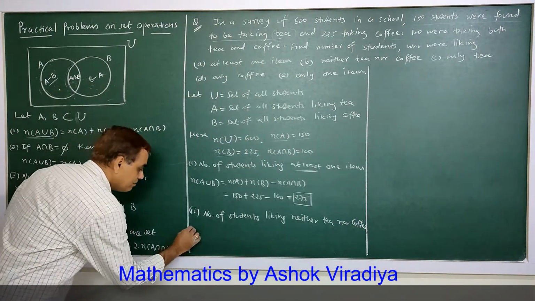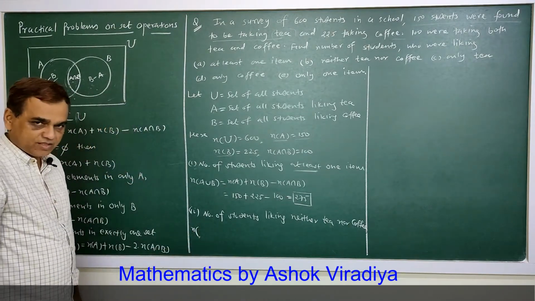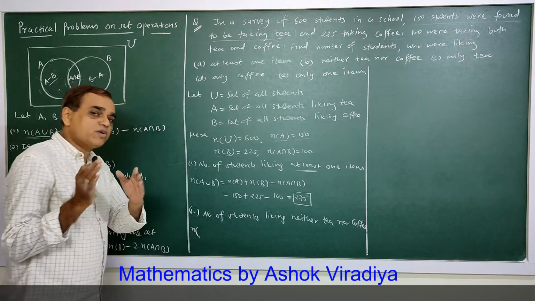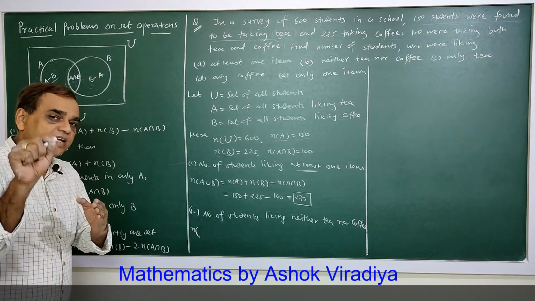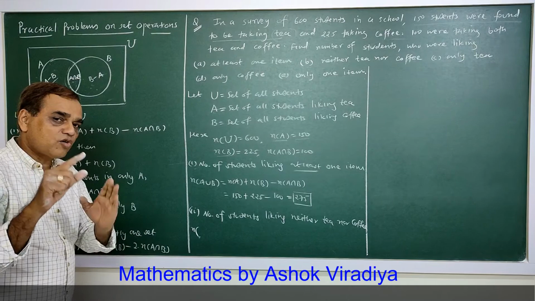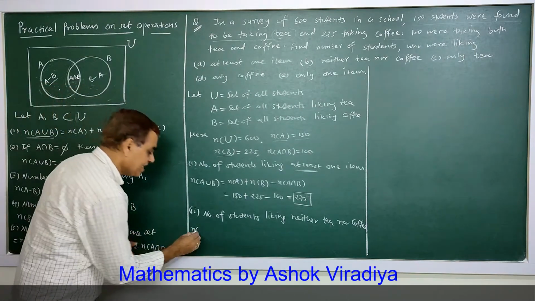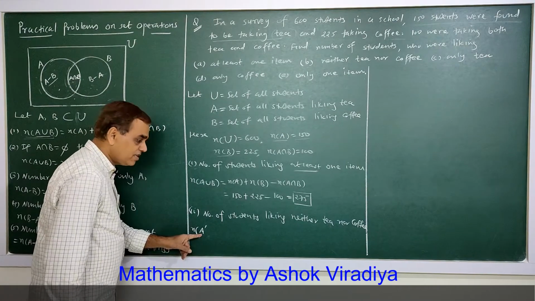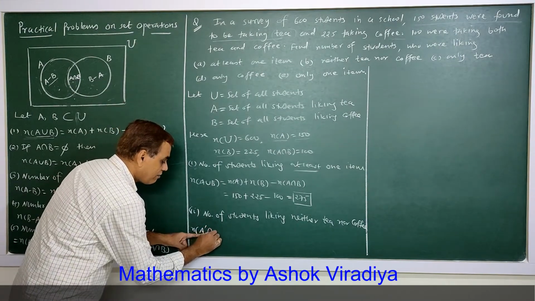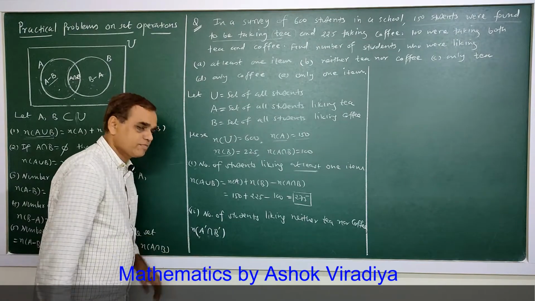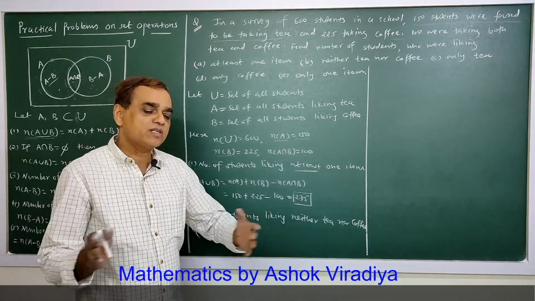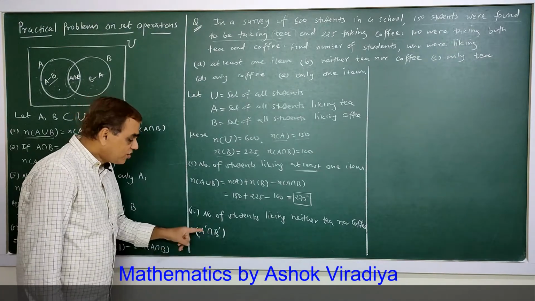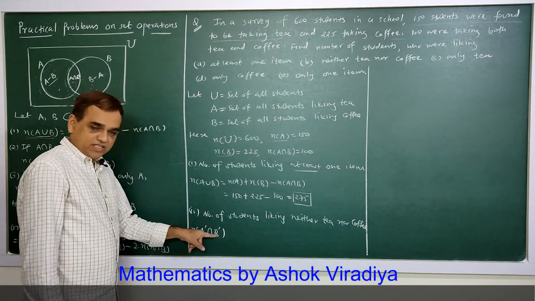If a student likes tea, that means take A. Not liking tea means A dash. Neither tea nor coffee means the student doesn't like any item, that is, not tea and not coffee.